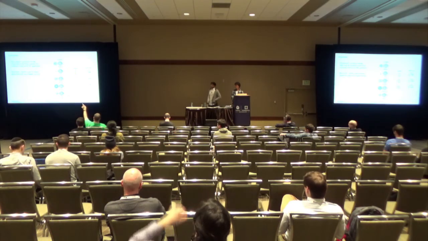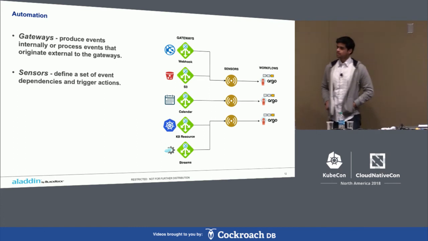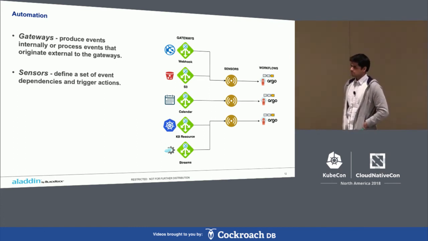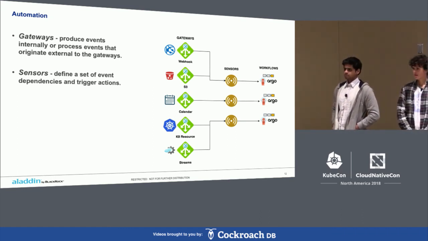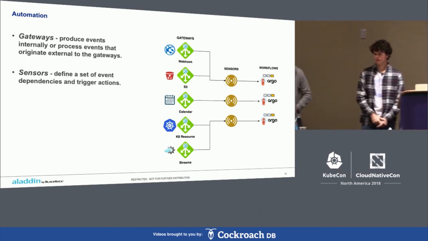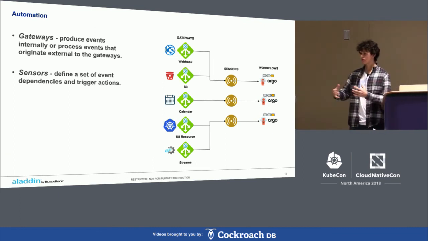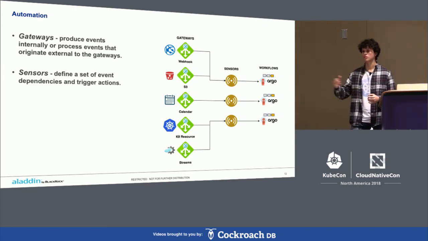Are these gateways part of the Argo project? Let's say I wanted to write one for Azure Blob Storage. Would I contribute to your repo? That's a great question. You would contribute to the Argo Events repo. The Argo workflows are agnostic to the events happening; we're just trying to trigger them.